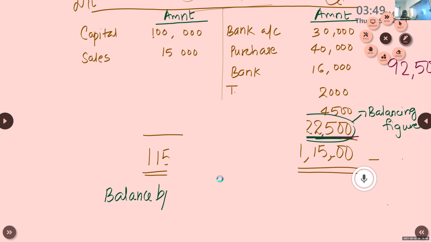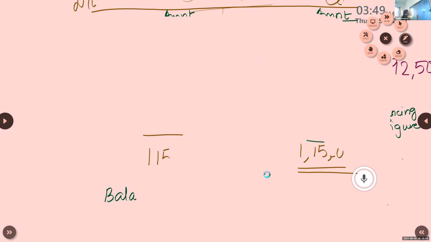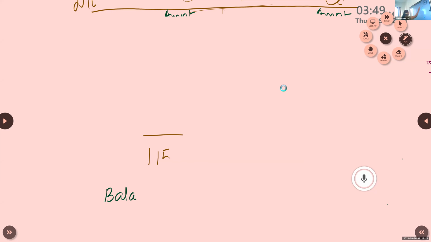When we discussed the cash book, we had seen a sentence: the cash book is always better to show a debit balance. If it is a credit balance, what is that then?